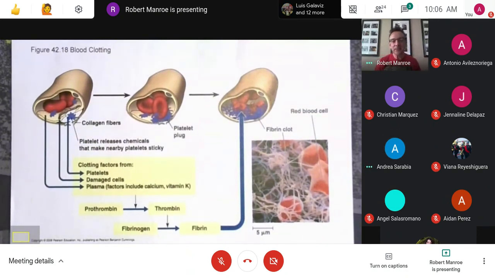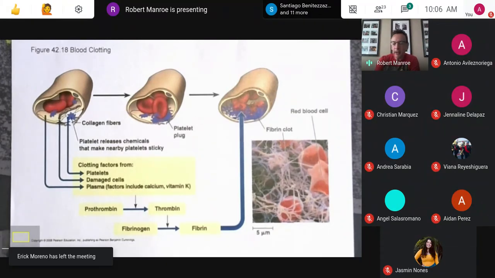Mr. Manor, why is it that after a big surgery they tell you not to eat certain foods or else your blood won't clot, right? Oh, because they don't want you to retain too much water and thin your blood. They want your blood, it's going to sound funny, as thick as possible, as dense as possible. If your blood is too thin, you bleed easier.